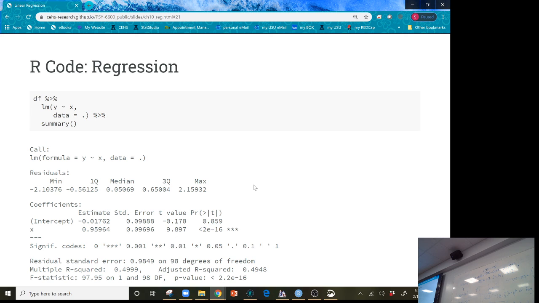So there's the output. What in the heck does that mean? There's a lot of stuff there. Let me point out some things. Right down here, it says multiple R squared, because usually we're doing multiple regression. But just ignore the word multiple, because we only have one predictor here. This is the R squared. It says a capital R, but it means little r.